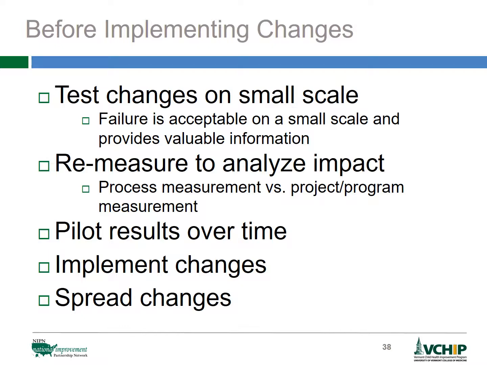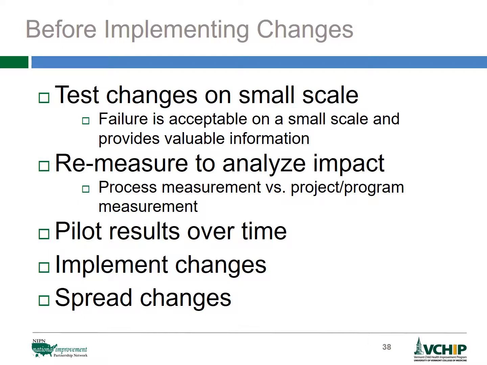When we say small scale, we can be talking as small as 1 patient, 1 provider, 1 day. What is that information? What do you get out of that? You then might spread it to 5 patients with 1 provider, and then maybe 2 providers, and so on. But you always want to start small.